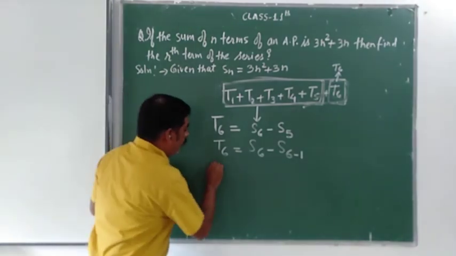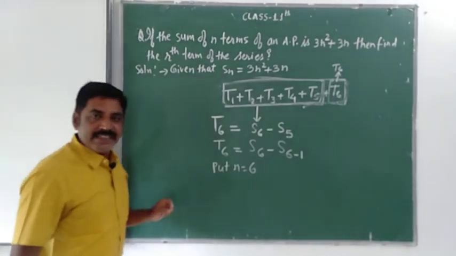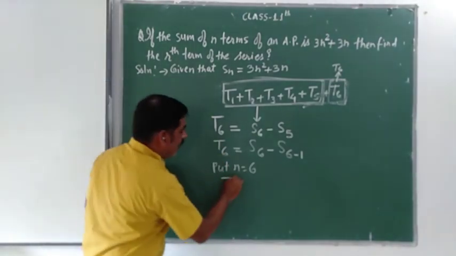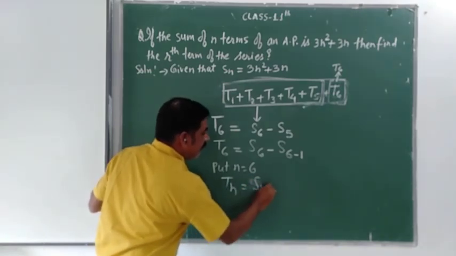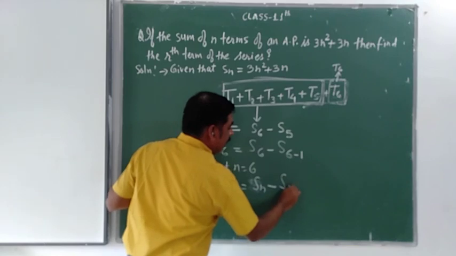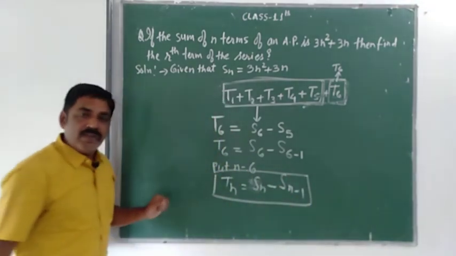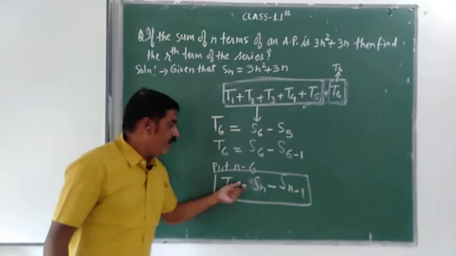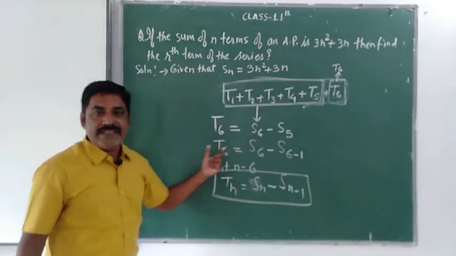Now put n is equal to 6, or 6 is equal to n. तो Tn is equal to Sn minus Sn minus 1. So this is the formula to find the nth term whenever we have been given the sum of n terms.